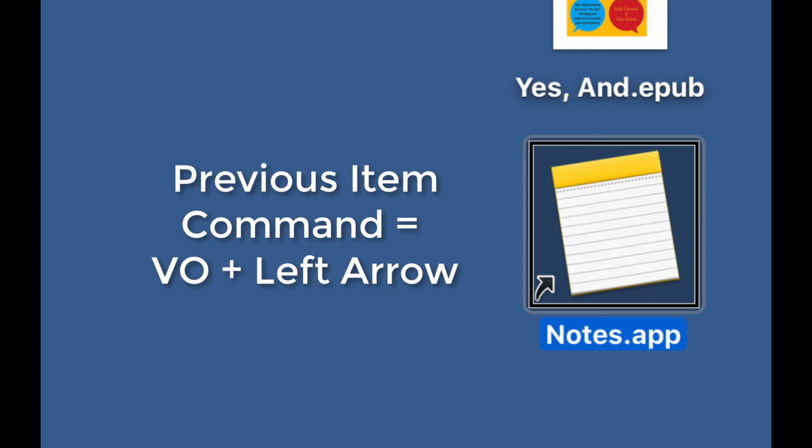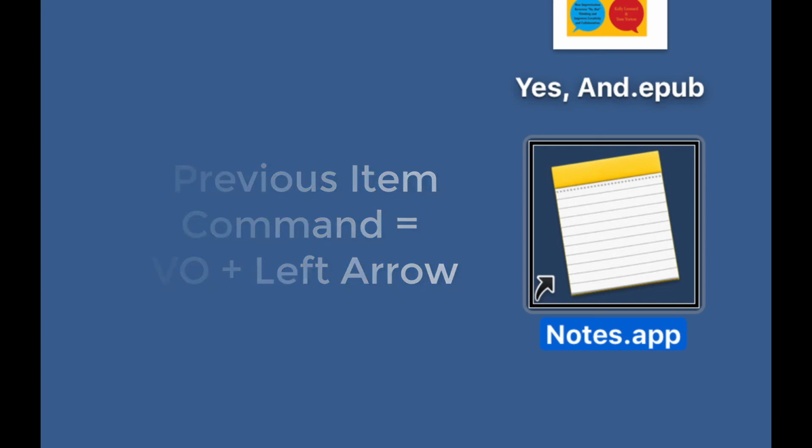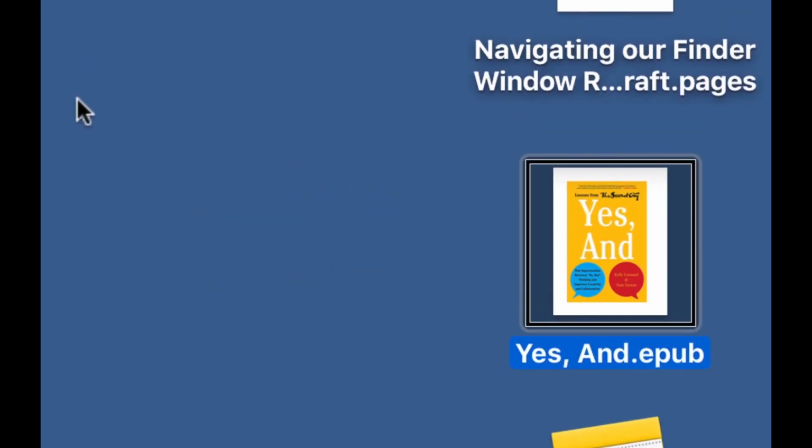So we'll hold down our VO keys, our Control and Option. All right, and now we'll tap our left arrow key, and we'll move back through our desktop. EPUB electronic publication. You are currently on electronic publication, EPUB. Okay, so here's our EPUB document again, our book here.